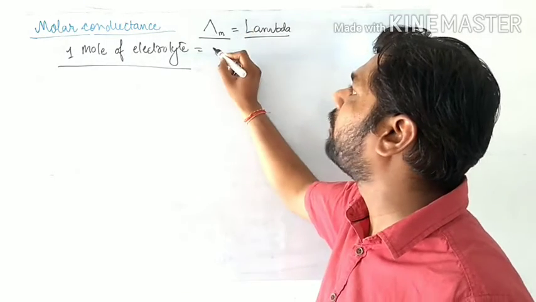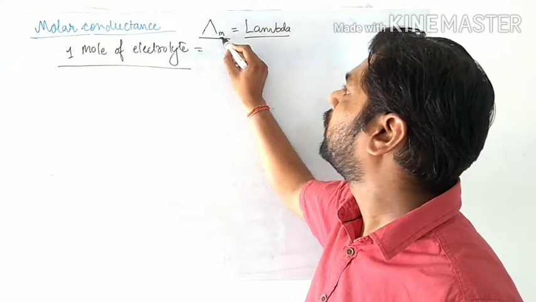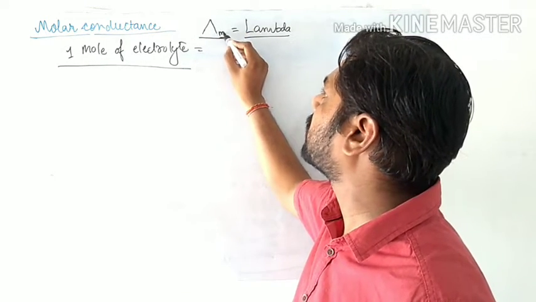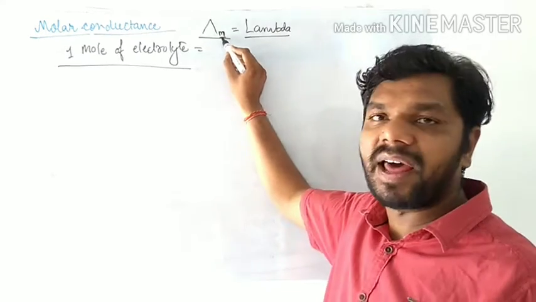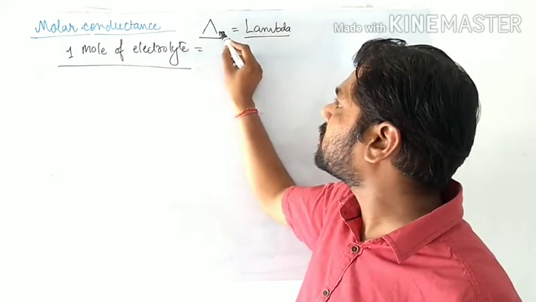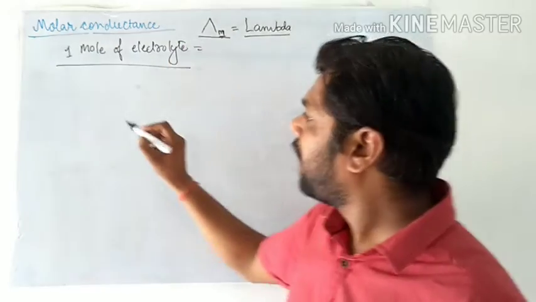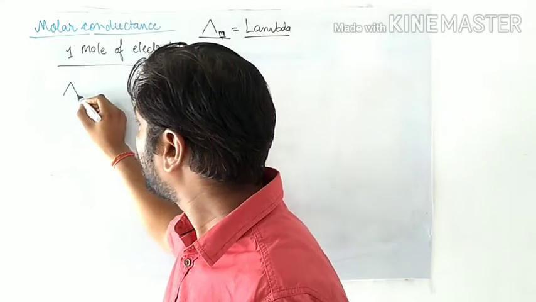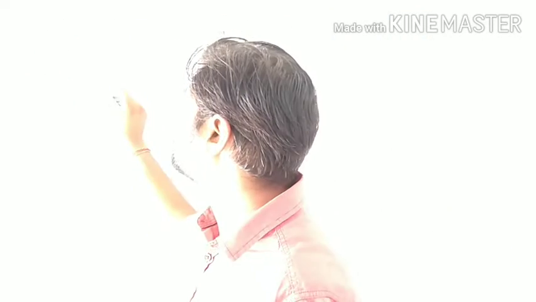This letter is called lambda, and we write a subscript small m for molarity. So molar conductance is denoted by lambda m, and mathematically lambda m is equal to kappa into volume, kappa into the volume of solution in ml.